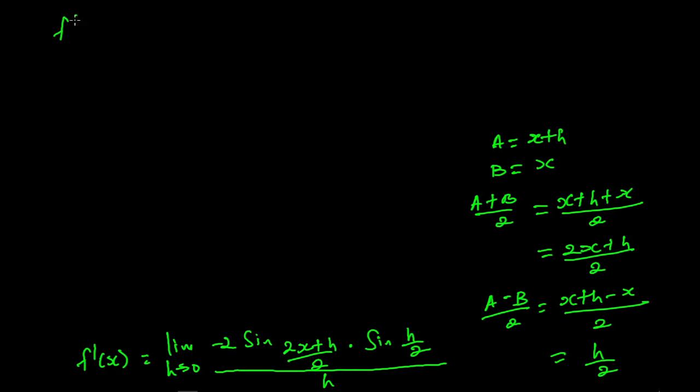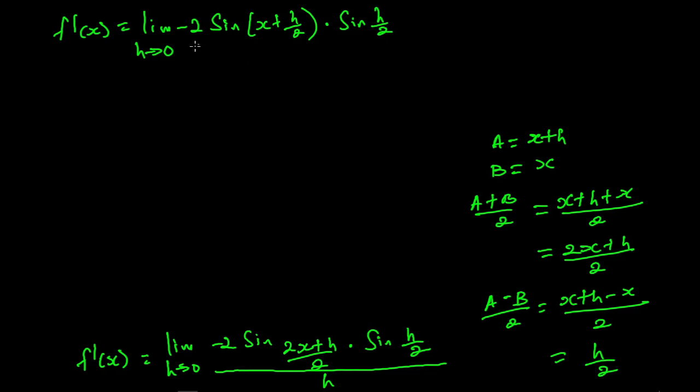Therefore, f prime of x is the limit as h tends to 0 of negative 2 sin((2x plus h) over 2), which is also the same as (x plus h over 2), multiplied by sin(h over 2), all over h.